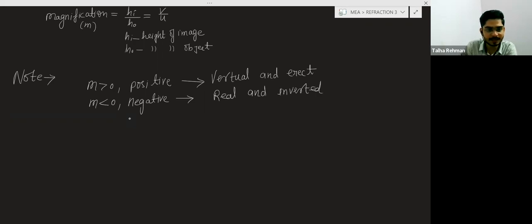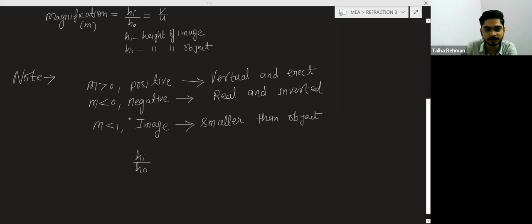Okay. If your magnification is less than 1, meaning 0.5, 0.2, 0.3, 0.4, then your image will be diminished. Diminished means your image will be smaller than the object. So magnification less than 1 means height of the image divided by height of the object is less than 1.